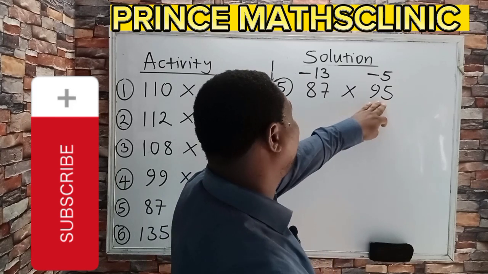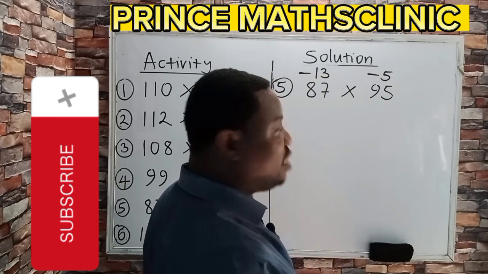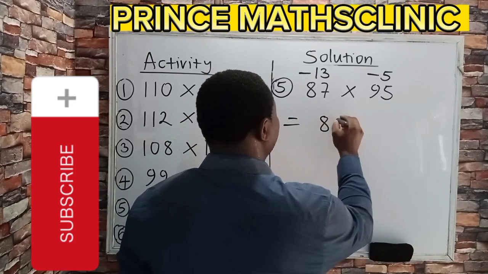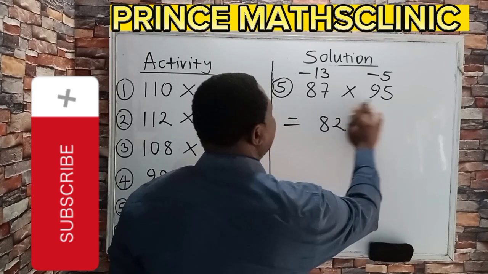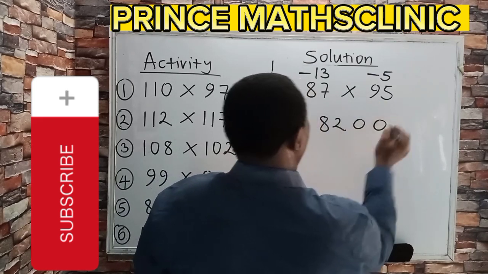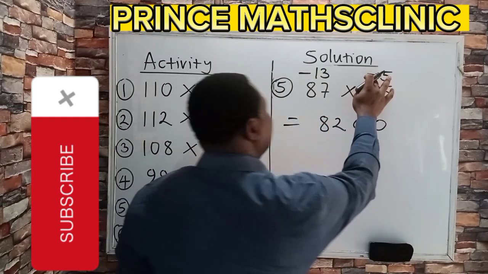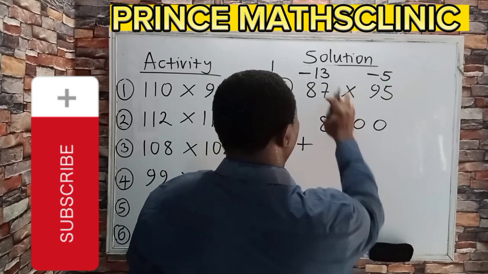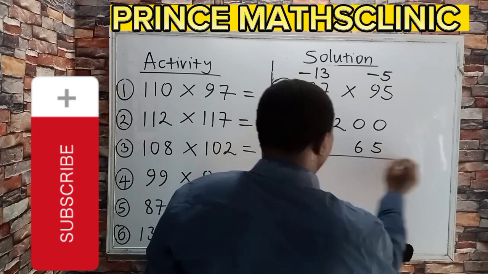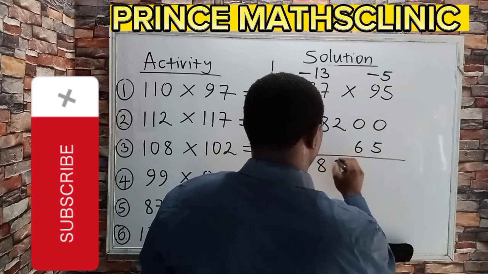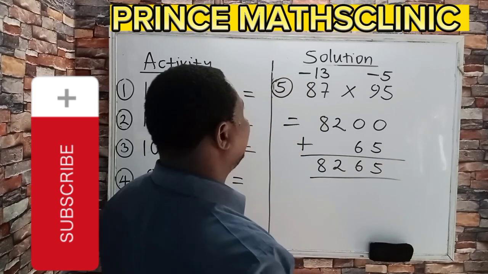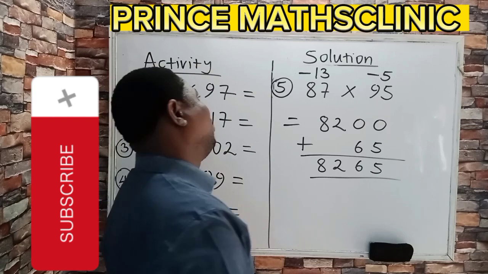And if you say 95 minus 13, you still have 82. So this becomes 82. Because you are dealing with numbers in the realms of 100, add 2 zeros. So minus times minus gives you plus. So 13 times 5 is 65. So add 65 to this. This becomes 8,265. That is the result to number 5.